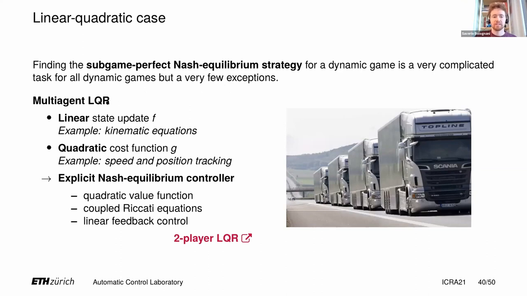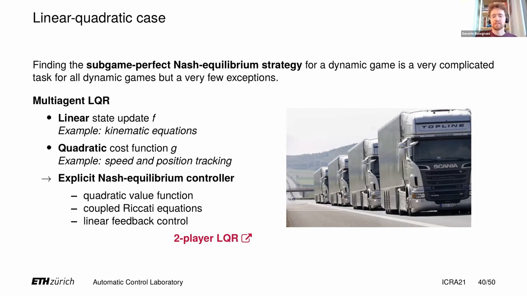One of them is multi-agent linear quadratic regulators, where the state update is linear. Okay, that's fine, like kinematic equations. The cost is quadratic, for example speed, position tracking, the distance from the reference points. And then in this case, you can build an explicit Nash equilibrium controller.